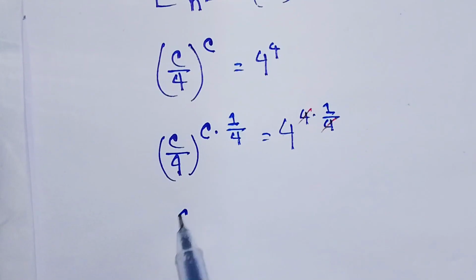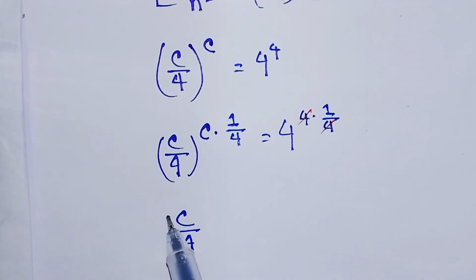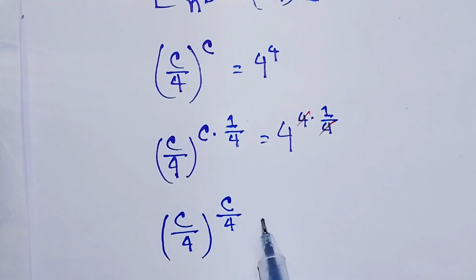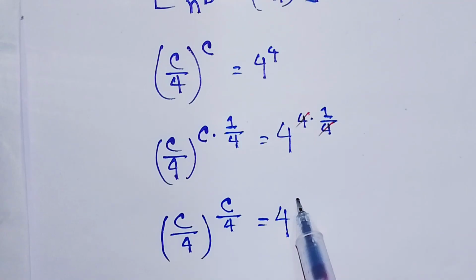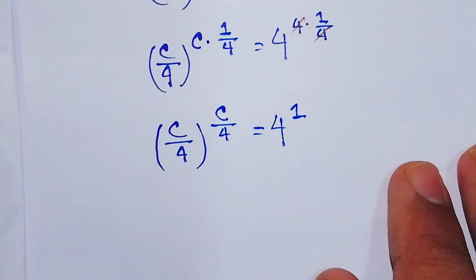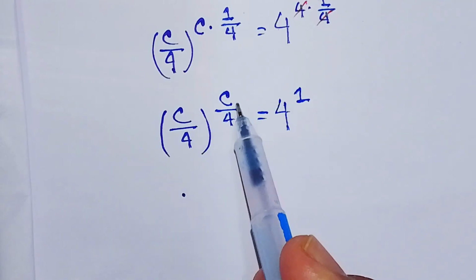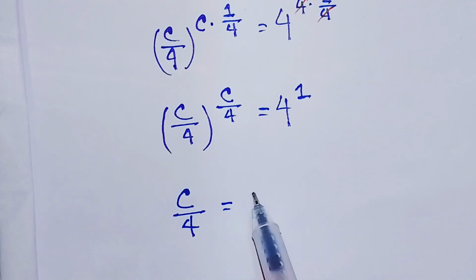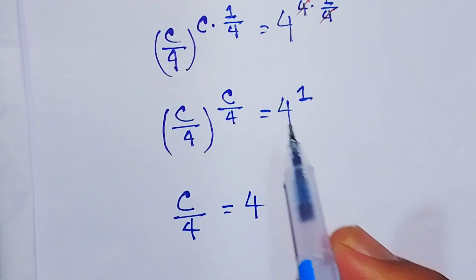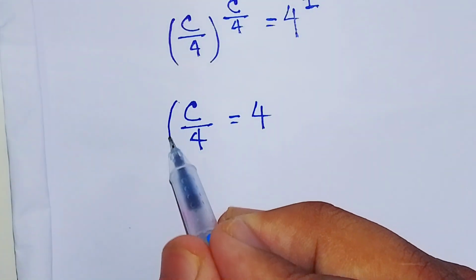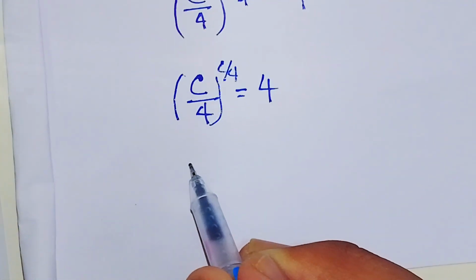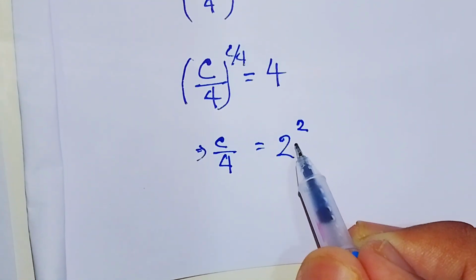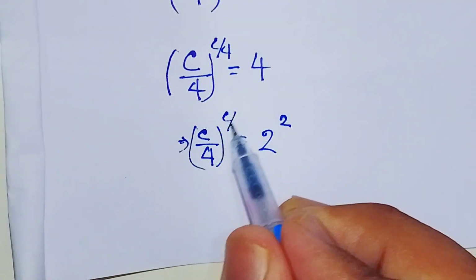After that we get c divided by 4, bracket to the power c, divided by 4 equals 4, and this one will be 1. Now this base and this power are the same, so we can easily write c to the power 4 equals 4, and 4 to the power 1 equals 1. From here we can write c to the power 4 equals 2 to the power square, bracket c to the power 4.